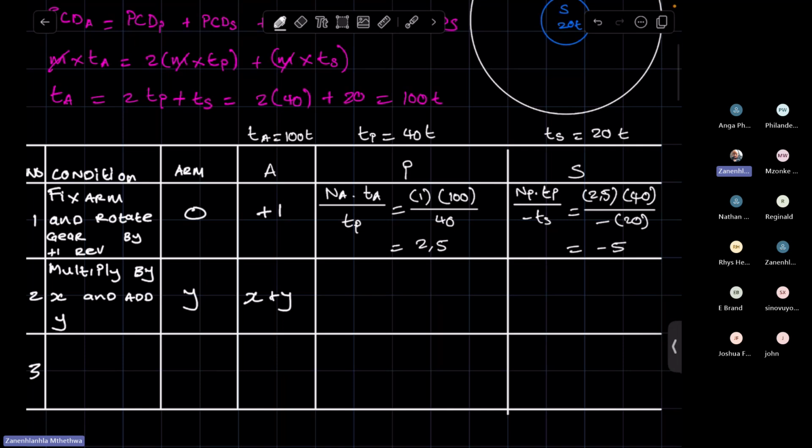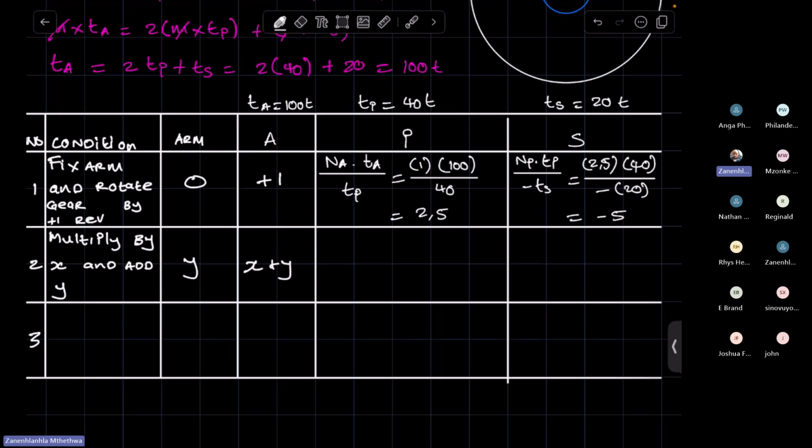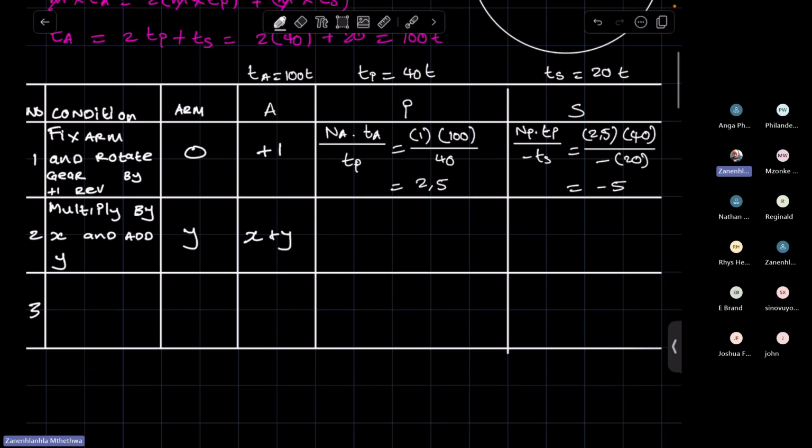Right, so once the first condition is complete, you then complete the second condition. Like I said, the first condition is the most important condition here. To complete the second condition, you must have completed the first. In completing the second, you multiply the first condition by x, and then you add y.